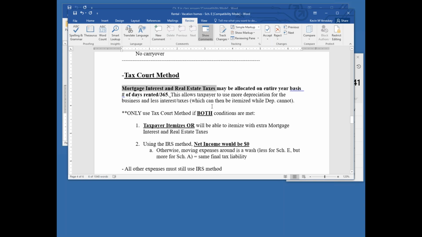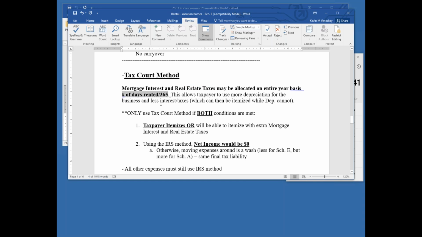Okay, so let's first see how the tax court method is different. They take it based on number of days rented. That's the same as the IRS method. But instead of dividing by number of days used, they divide it by the entire year.